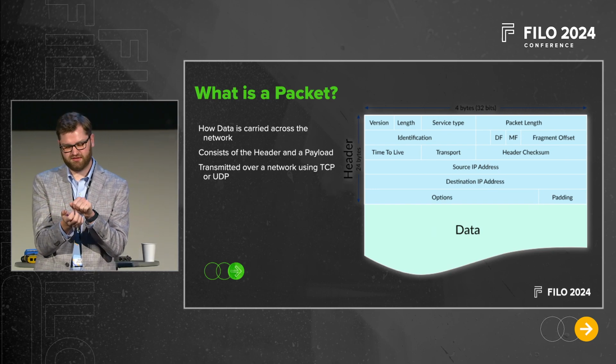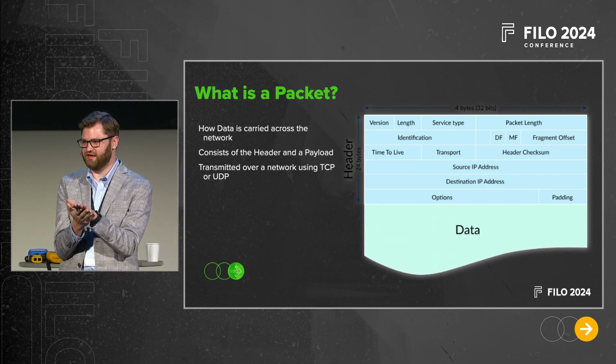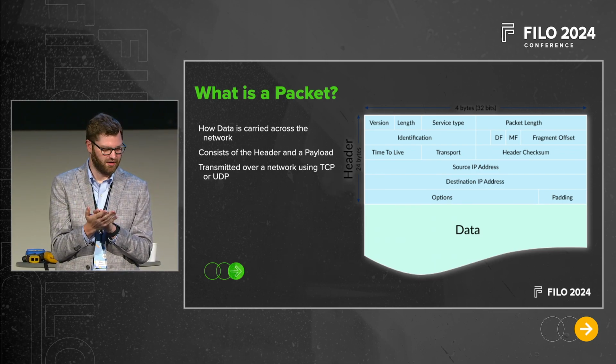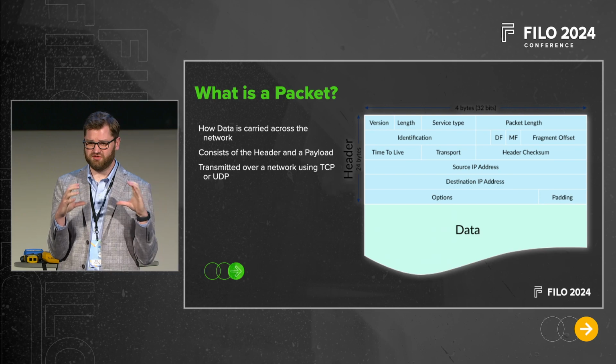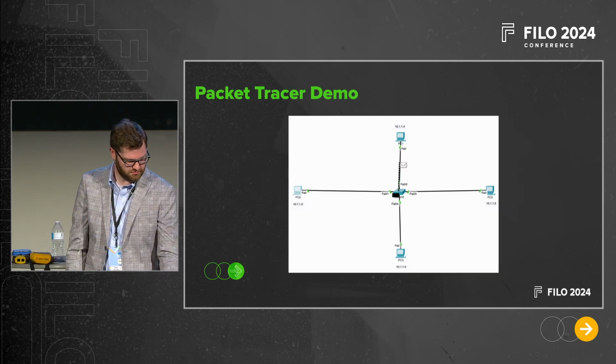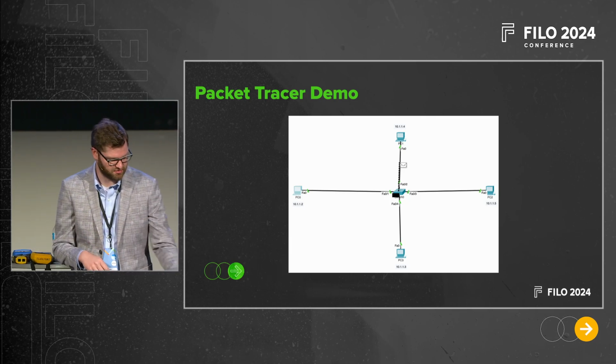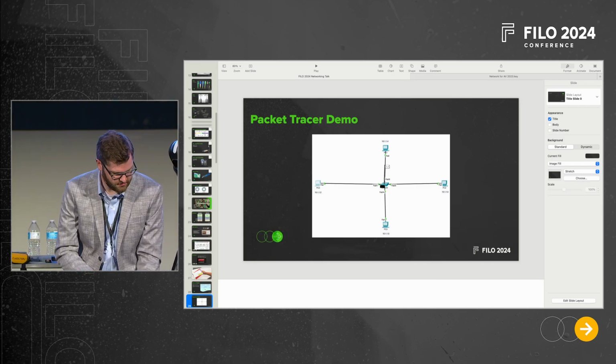Once it gets to the end device, that header is removed and the data within the packet is used. That header is just information for traversing the network. So we're going to demo quickly using simulation software: what does that look like on a network?